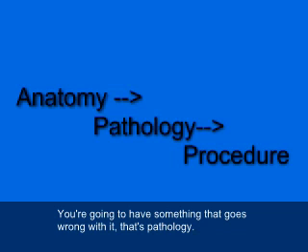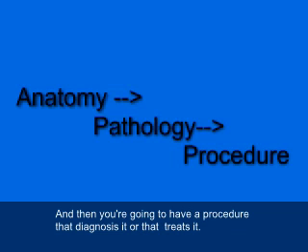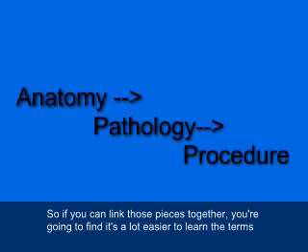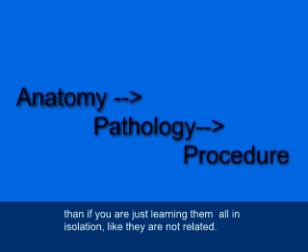You're going to have something that goes wrong with it, that's pathology. And then you're going to have a procedure that either diagnoses it or that treats it. So if you can link those pieces together, you're going to find it's a lot easier to learn the terms than if you're just learning them all in isolation, like they're not related.